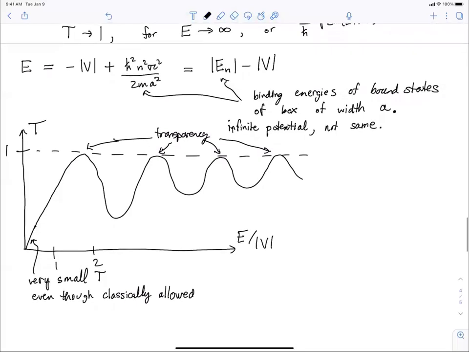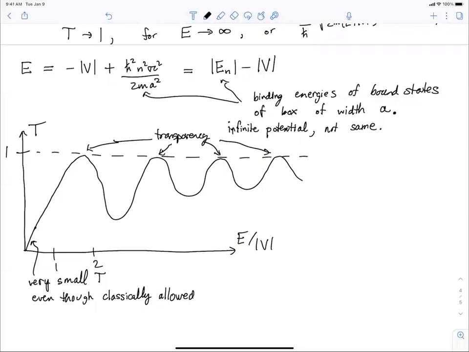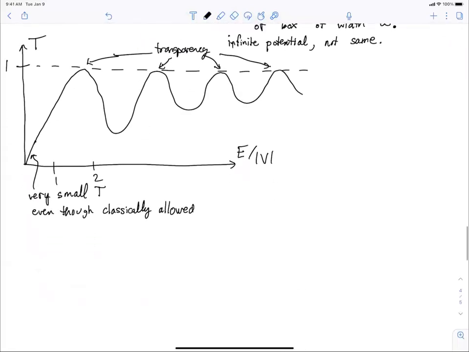There are lots of different versions of this depending on how big you assume the potential is compared to how wide it is. But this is actually something that's seen in the real world. This is called the Ramsauer-Townsend effect.